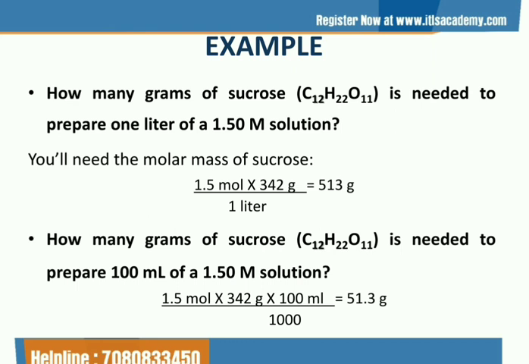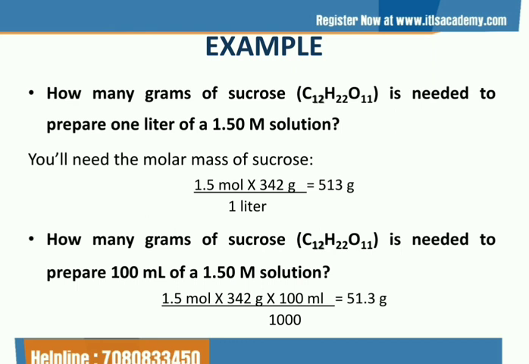Next is how many grams of sucrose is needed to prepare 100 ml of a 1.5 molar solution. Let's again put the values in the formula, but one thing that is noticeable is the volume is given in ml and we have to convert it into liters.